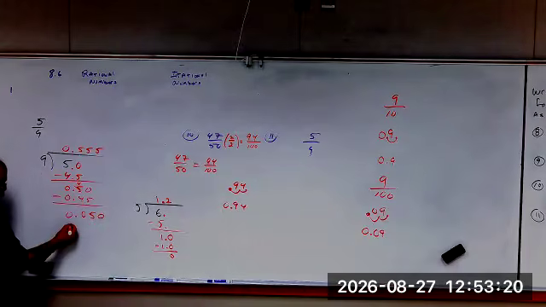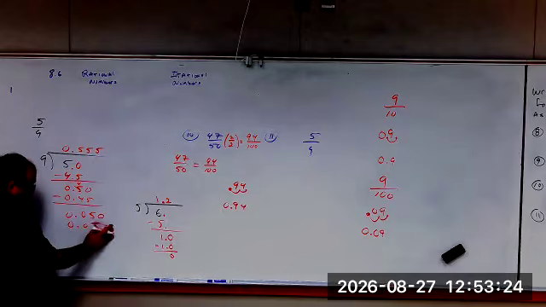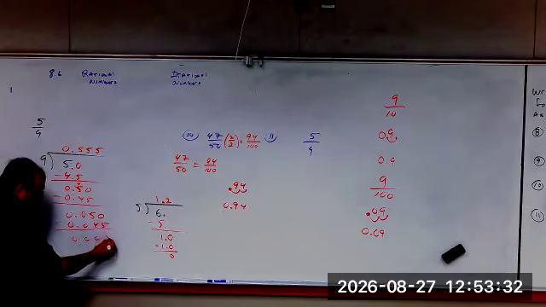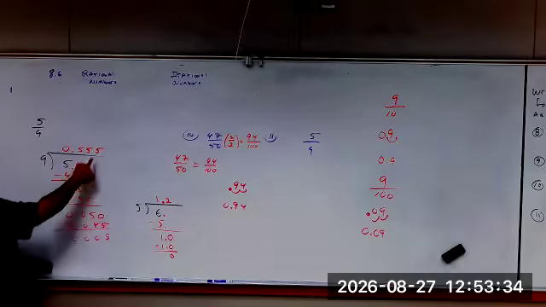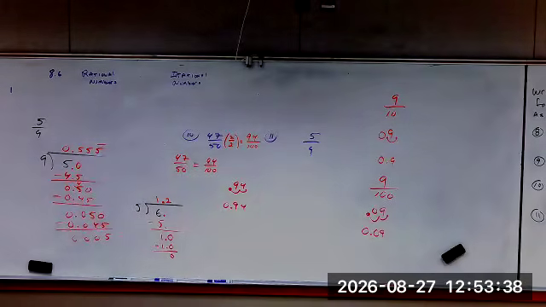And then you start to see there's a pattern happening here. Because every time I do this, 45, I'm going to get the same remainder. And I'm going to keep getting 5 forever. And we call that a repeating decimal, because we get a pattern that keeps repeating.